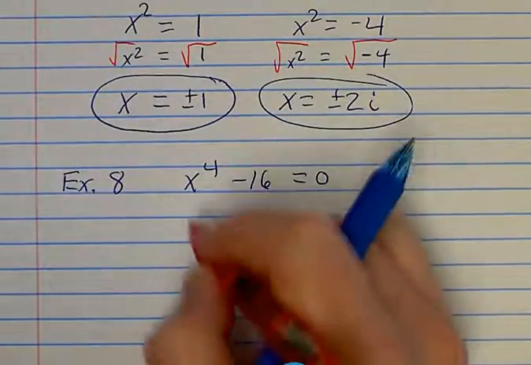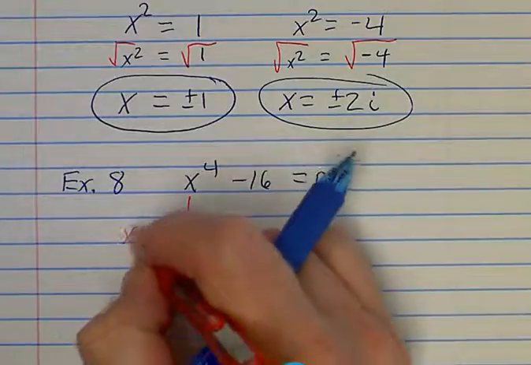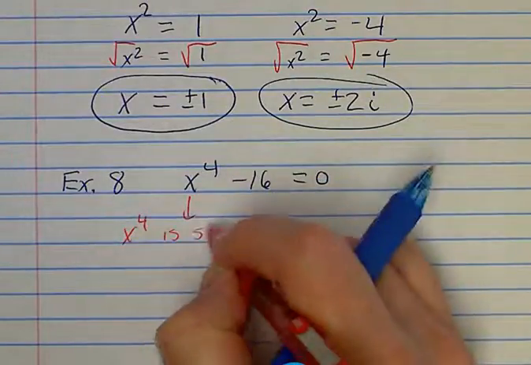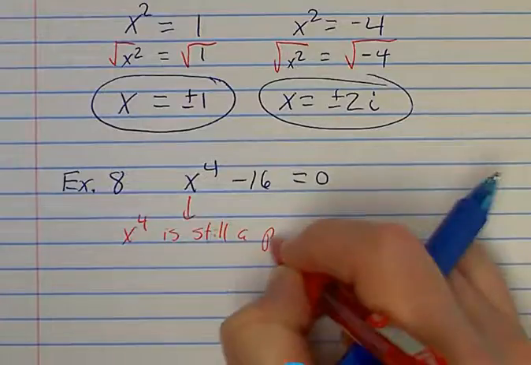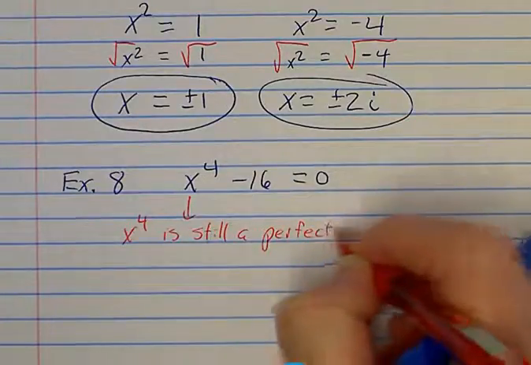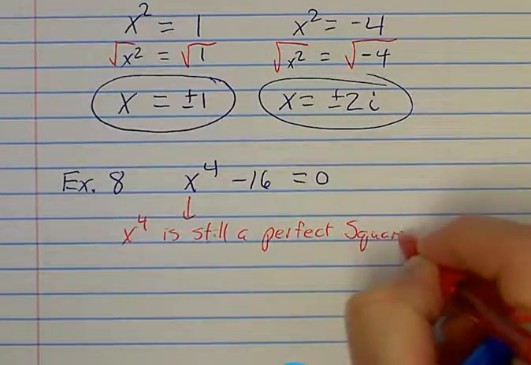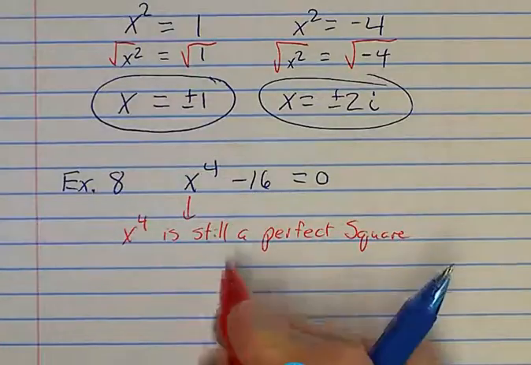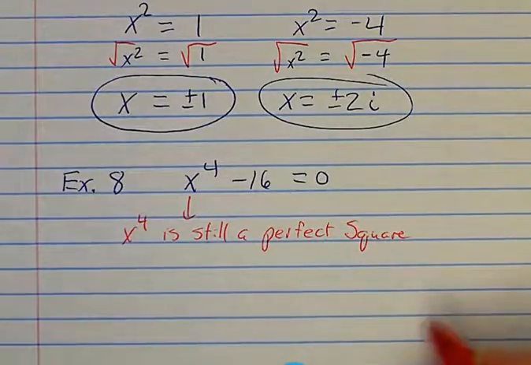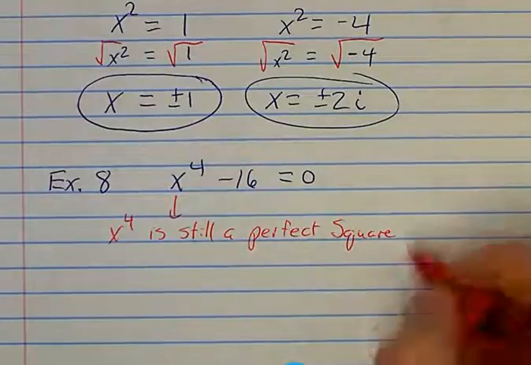So in this case, this one's a little bit of a tweak. x to the 4th is still a perfect square. To make x to the 4th a perfect square, you can think about that as being x squared times x squared.